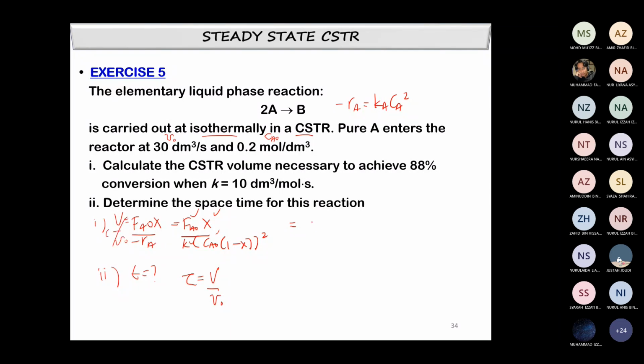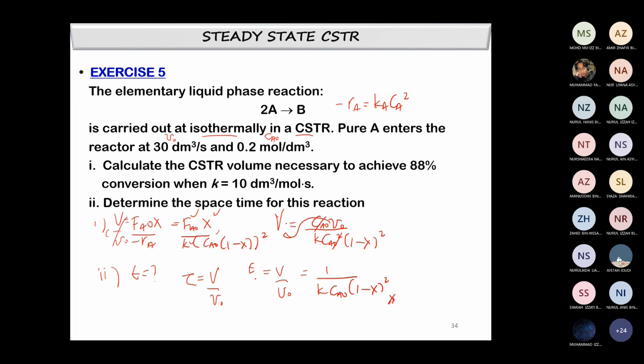So V is equal to CA0 V0 over k CA0 kuasa 2 1 minus X kuasa 2. So V0 ini akan tinggal bawah, so tau is equals to V over V0, is equals to 1 over k CA0 1 minus X squared. Masukkan je lah value, dapatlah nilai tau.